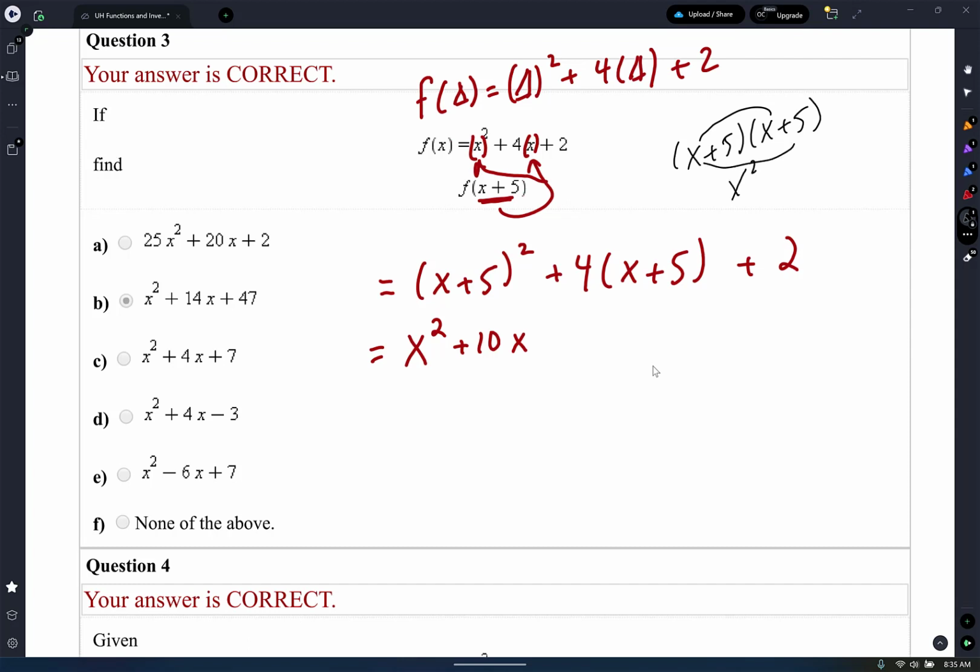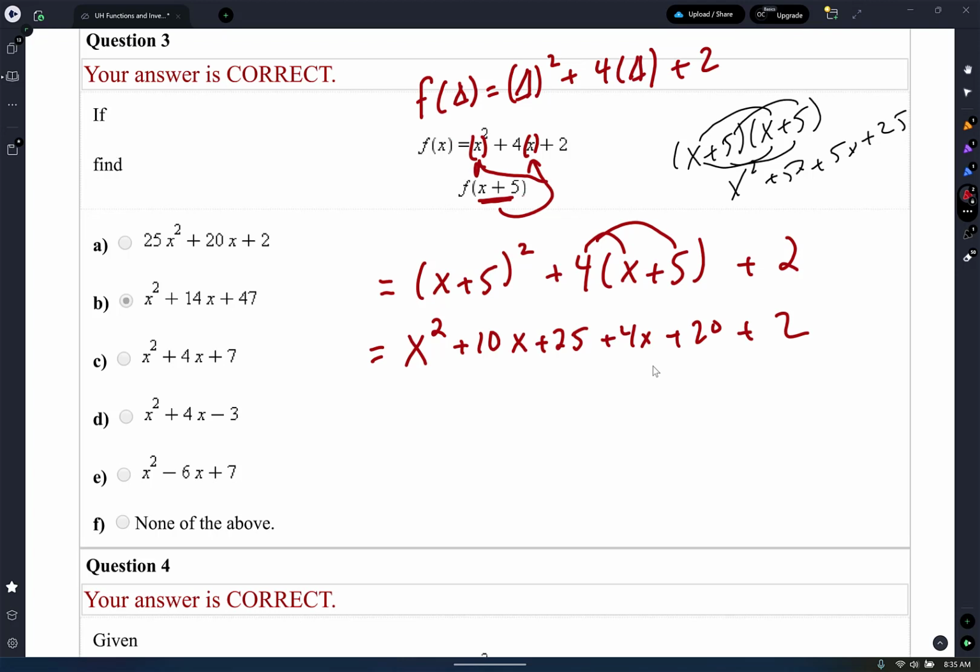X squared plus 5x plus 5x plus 25. And there's always someone that tells me that's x squared plus 25. No, that's not. It's x squared plus 10x plus 25. Then distribute the 4. 4x plus 20 plus 2.